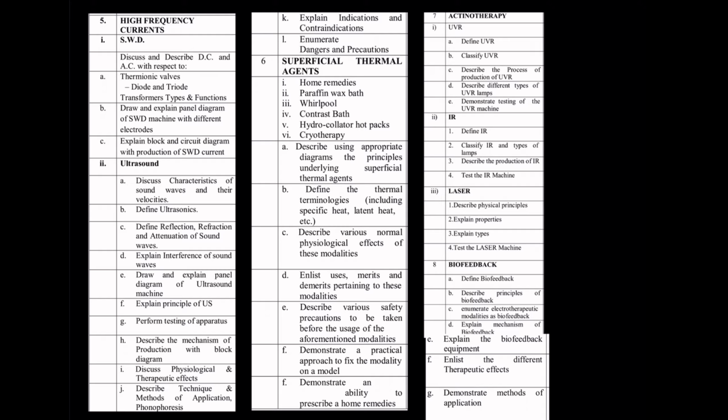So you'll easily find UVR and IR for the practical purpose in most of the colleges, but for laser I doubt if many or most of the colleges have the laser apparatus for the testing. So you can consider that for testing part UVR and IR will be there.